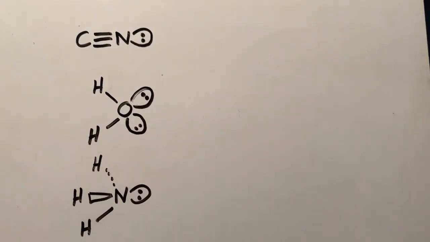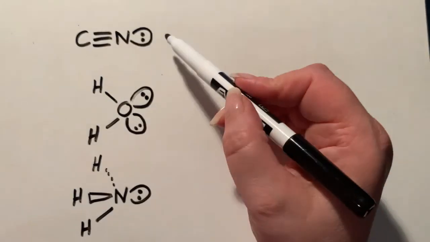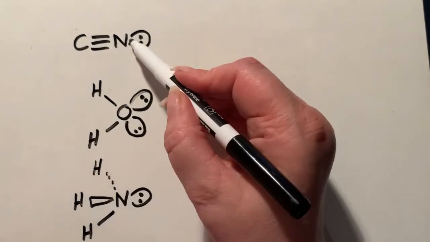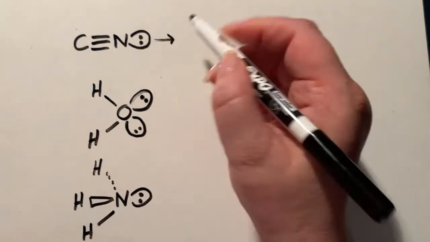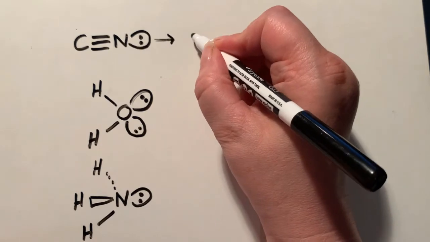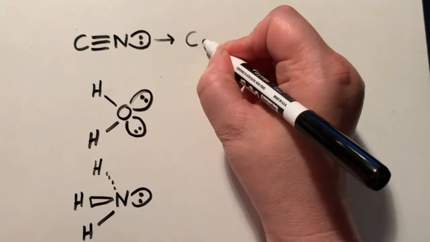Looking at our three monodentate ligands, which I just mentioned, this is where this lone pair of electrons would bond datively onto a metal, so for example cobalt.